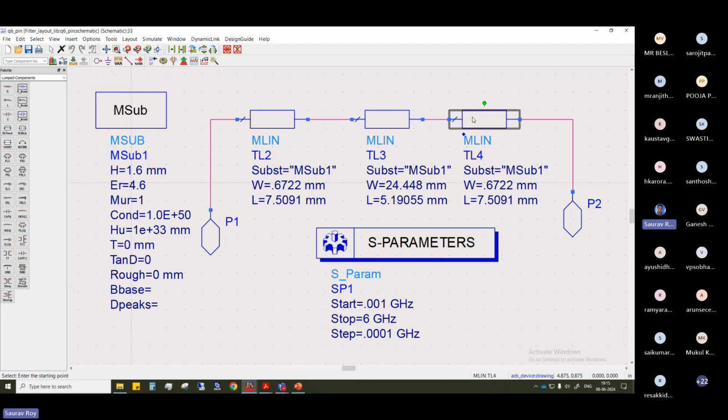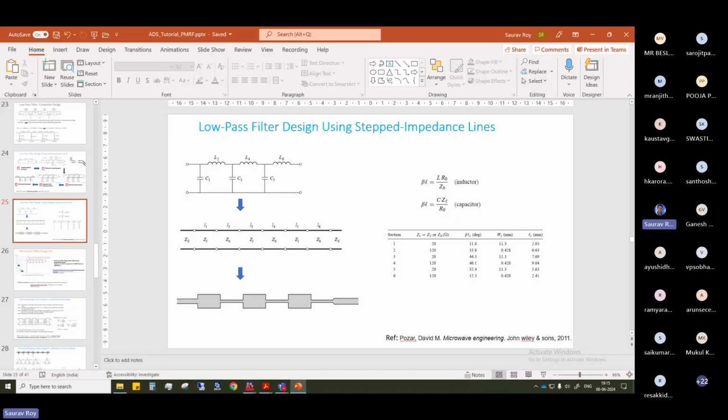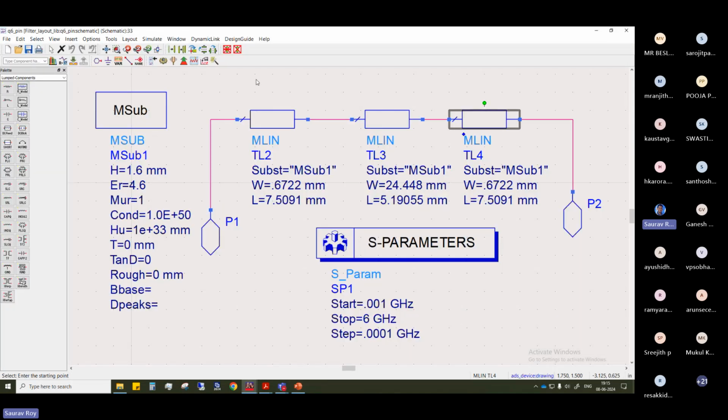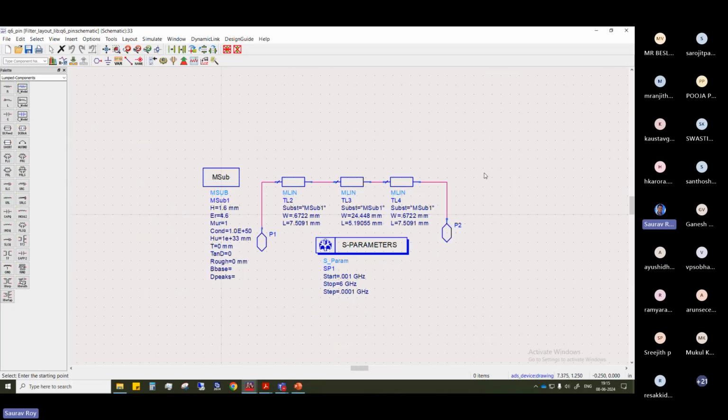It comes from the same filter design. You start, let's say, by designing a Butterworth filter of third order with a given cutoff frequency. From that, you take the table in the book and calculate the components L and C. From there, you go to these design rules and calculate your line lengths and line widths. Once that is done, you can just put them here. So line length and widths are what you have to calculate.